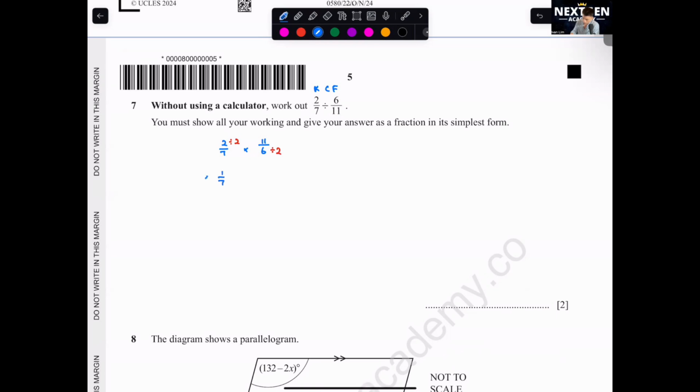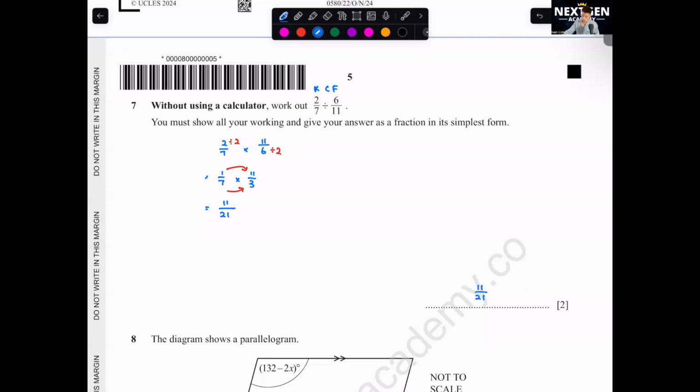This will be 1 over 7 times 11 over 3. Anything else to simplify? Nothing else. Then top and top multiply, bottom and bottom multiply: 11 over 21. I will normally simplify first before multiplying, because when you multiply big values, it's not so nice to calculate. Smaller values are easier to calculate.